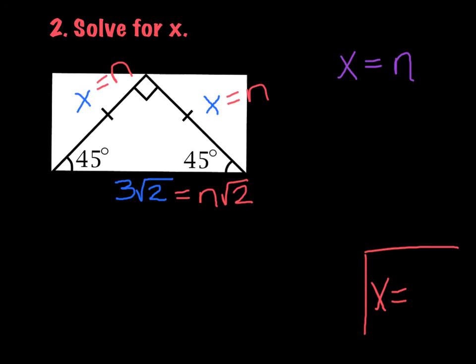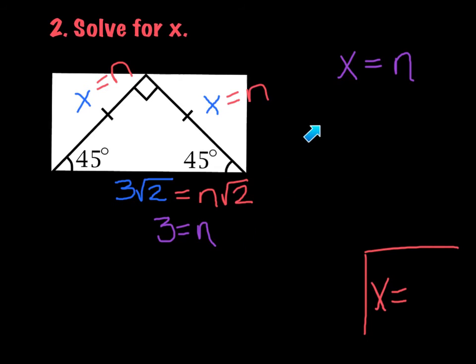So if you look at this right here, if 3 root 2 equals n root 2, then what would n have to be for these two to be equal? Hopefully you're thinking that n would have to equal 3. Because if we put a 3 right here for n, 3 root 2 equals 3 root 2. So n has to be 3.